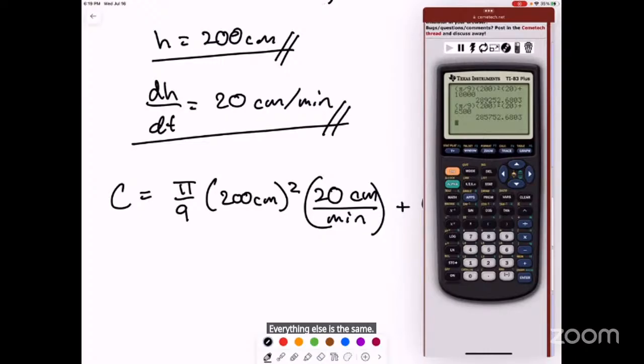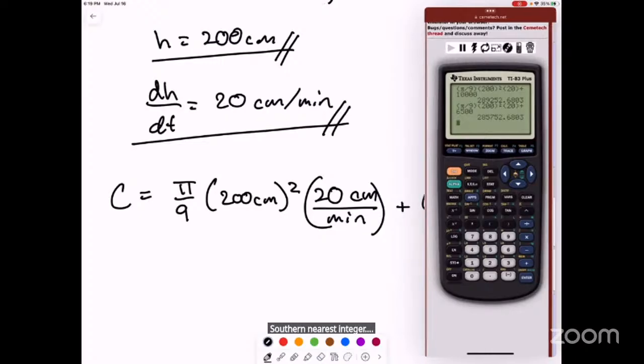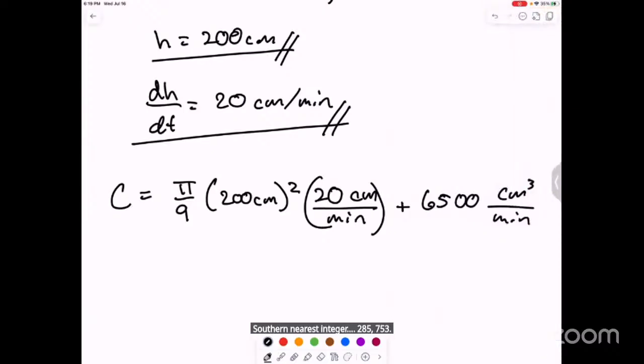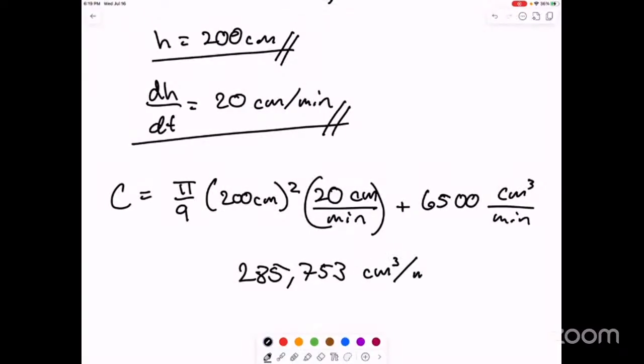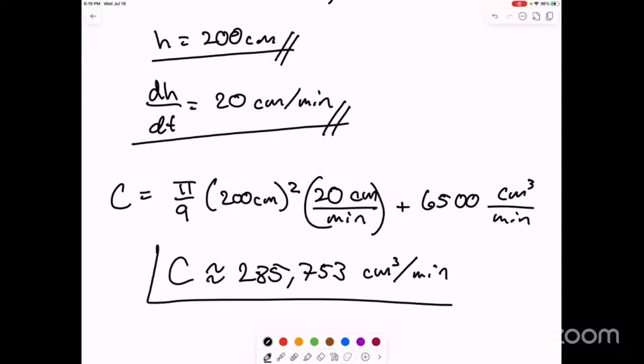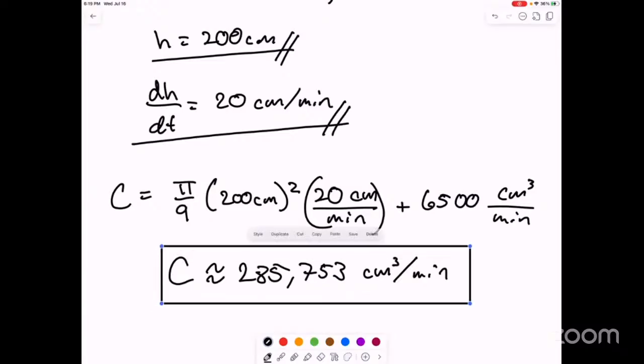So then nearest integer, 285,753 cubic centimeters every minute. Okay.